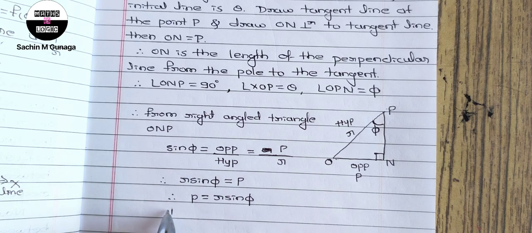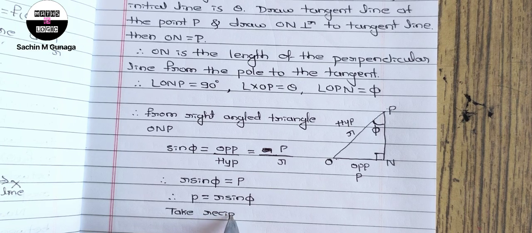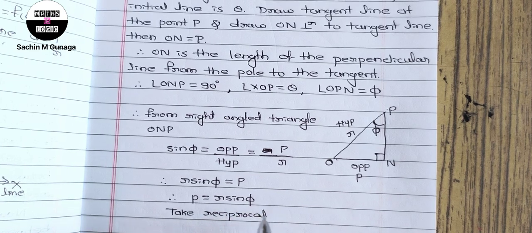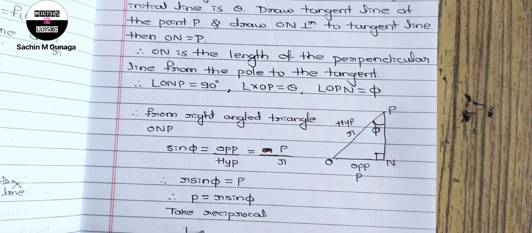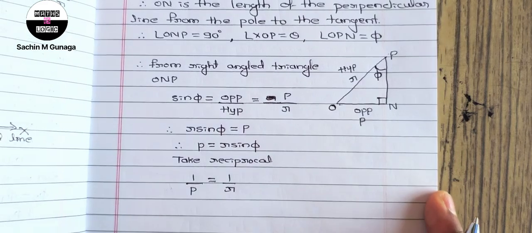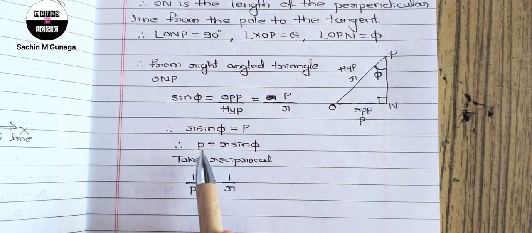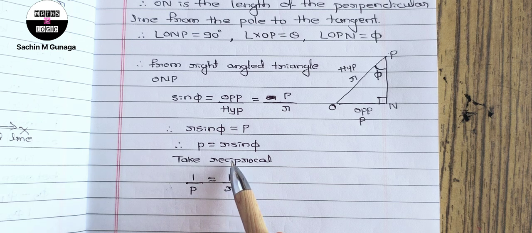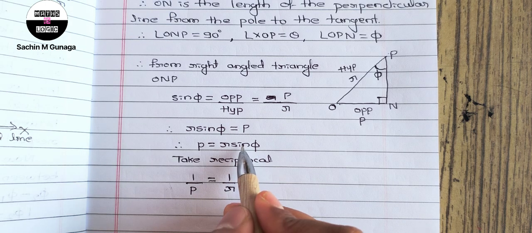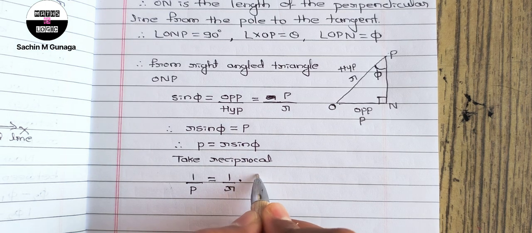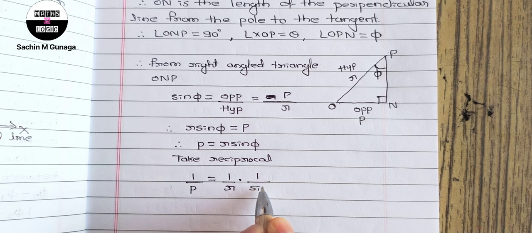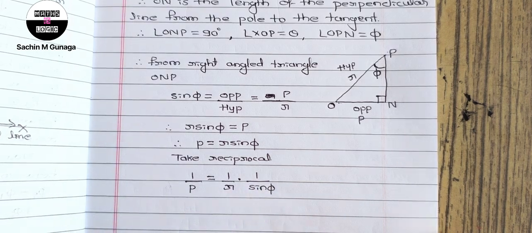The reciprocal of p is 1 divided by p, the reciprocal of r is 1 divided by r, and the reciprocal of sin psi is 1 divided by sin psi.